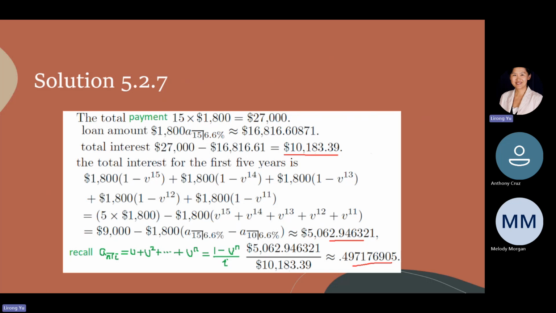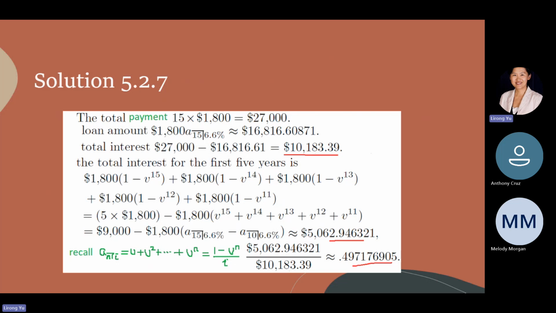That's the calculation of the total interest. Now we need to know the proportion. The interest that we have here is 5,662.995. That's the amount of interest that we paid in the first 5 years. Now, what's the total interest?